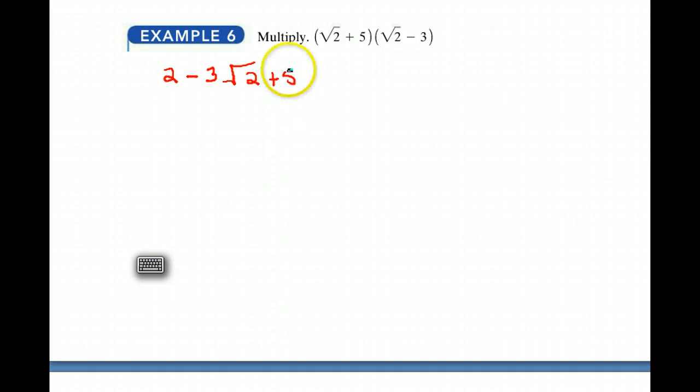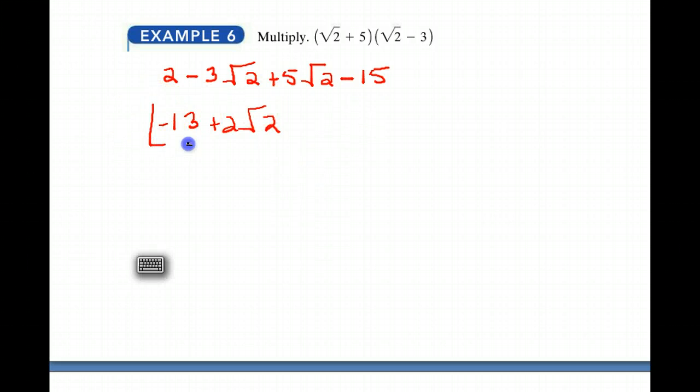We have 5 times root 2, and then we have our lasts, which is negative 15. We're going to combine like terms. 2 minus 15 is negative 13. And then we're going to combine our like radicals. Negative 3 plus 5 is 2 root 2.